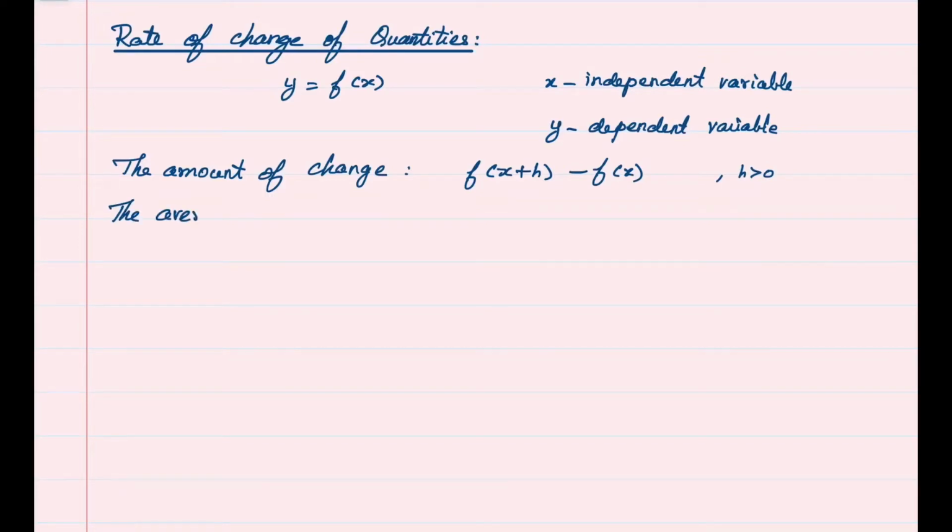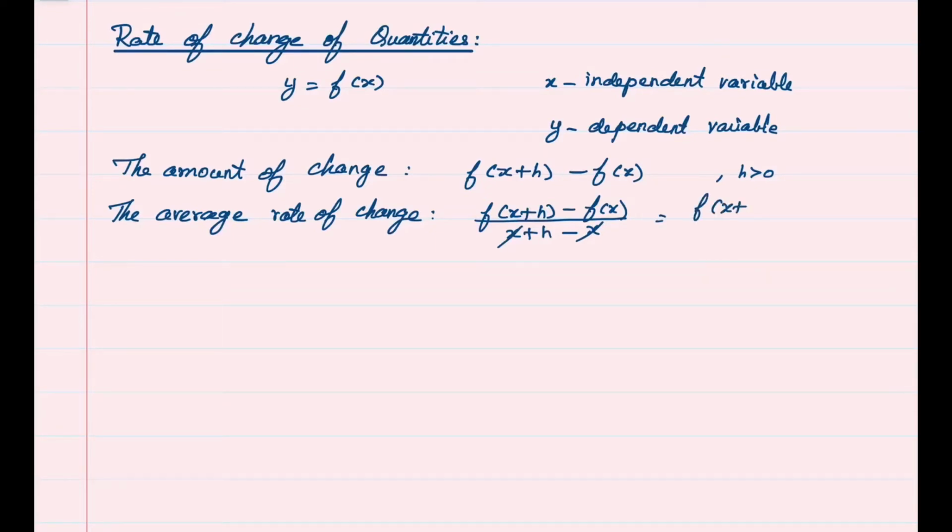Now, the average rate of change is given by f of x plus h minus f of x divided by x plus h minus x, which is f of x plus h minus f of x divided by h, that is change in y value divided by change in the x value.